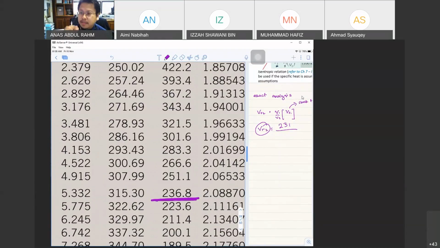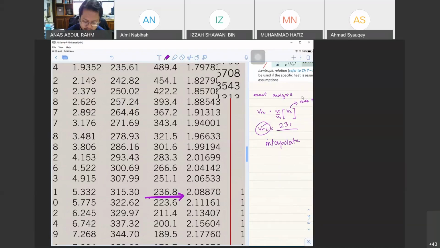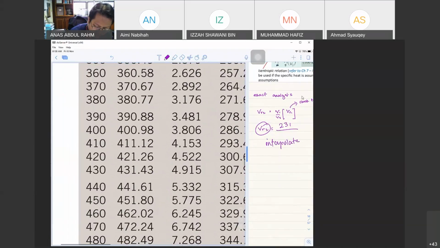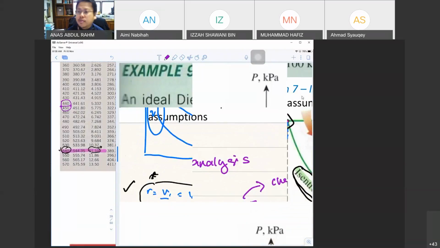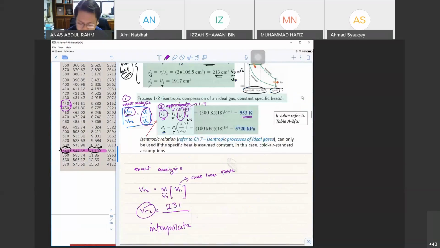So the value is in between, meaning that you have to do interpolation. You have to interpolate in order to get your T value, and your T value must be in between 440 and 450. So instead of just substituting the value, now you have to do interpolation, detailed analysis, using the table.